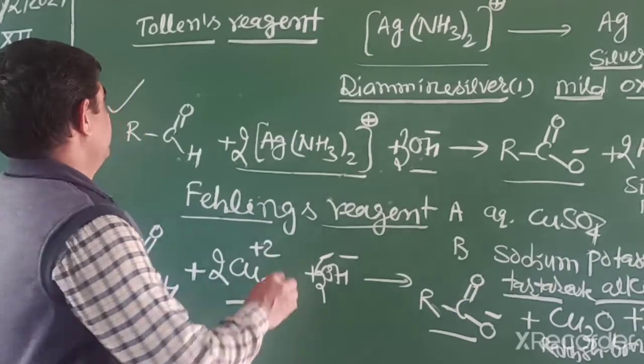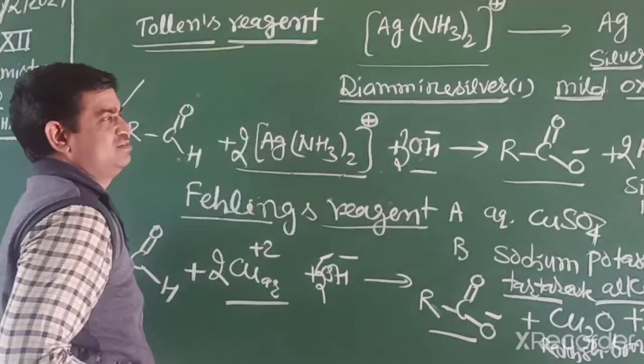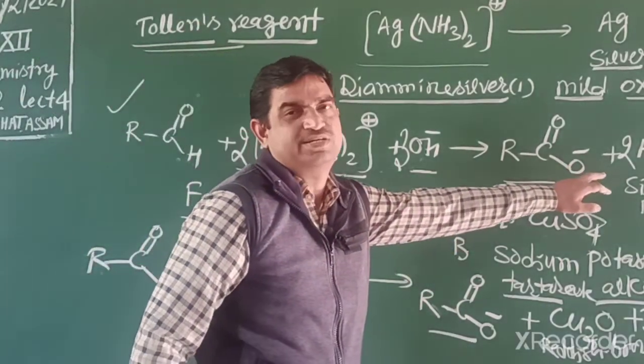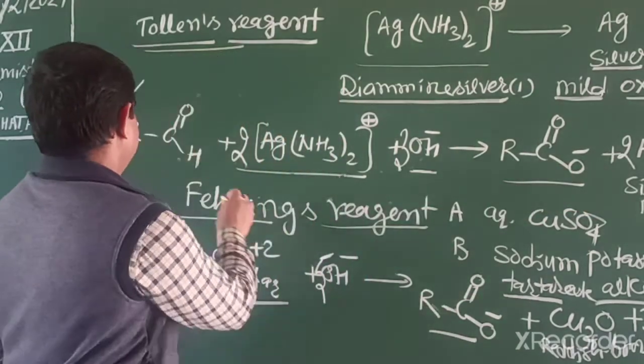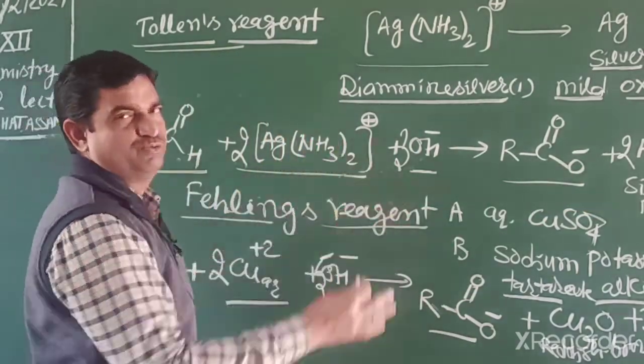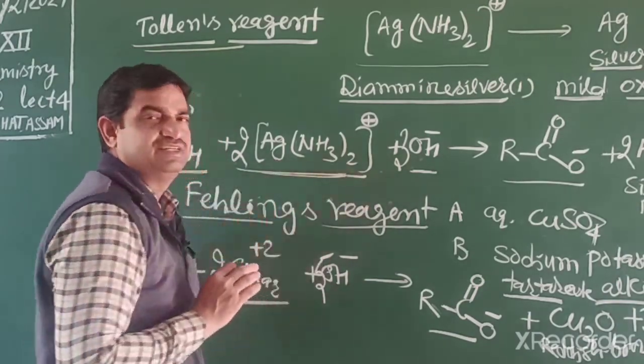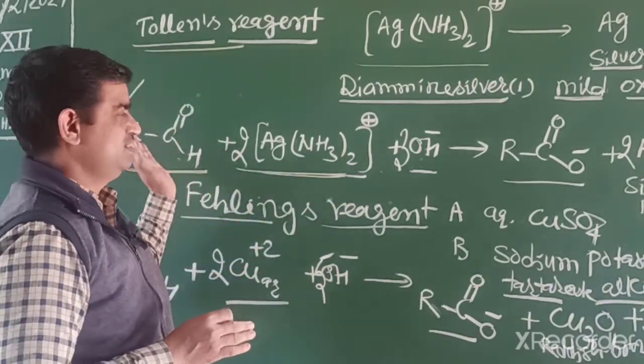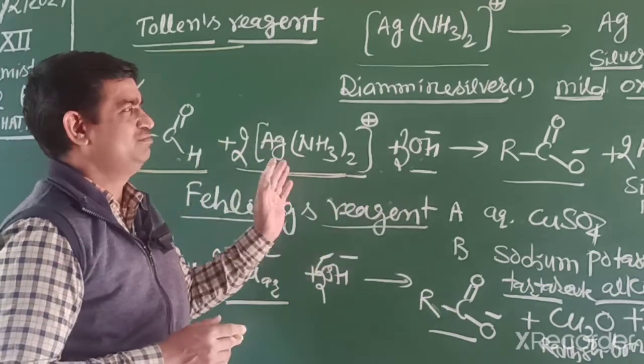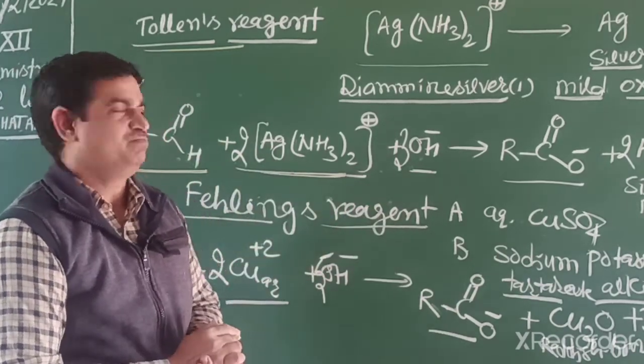Now students, to summarize. With Tollens reagent, we get the silver mirror test in this reaction, and the aldehyde converts into the corresponding carboxylic acid. It acts as a mild oxidizing agent and oxidizes the aldehyde into a carboxylate. Itself it is reduced into a silver mirror.